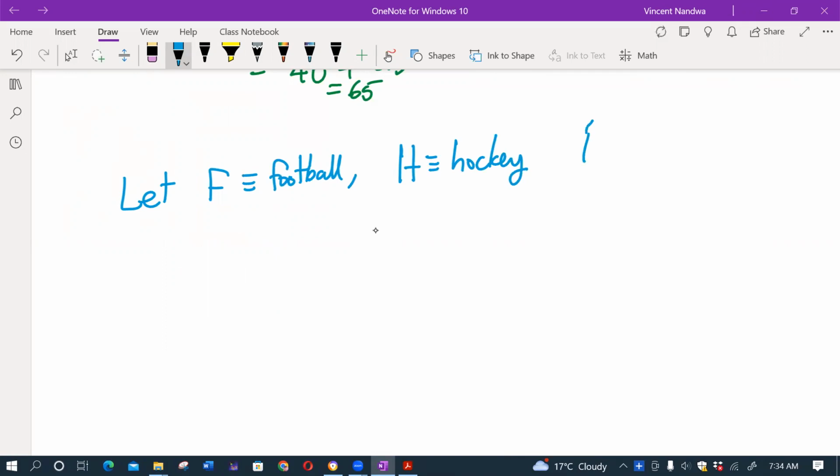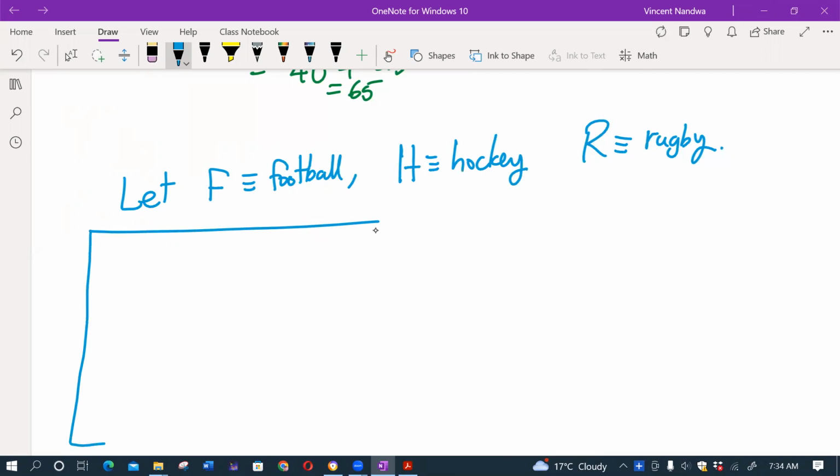And let R represent those who play rugby. And because we have now 3 sets, you can draw this rectangle to represent the universal set.